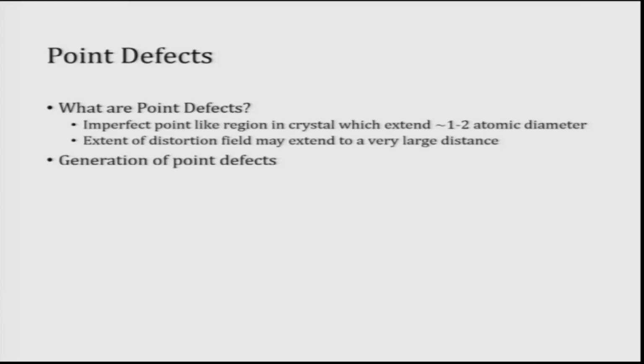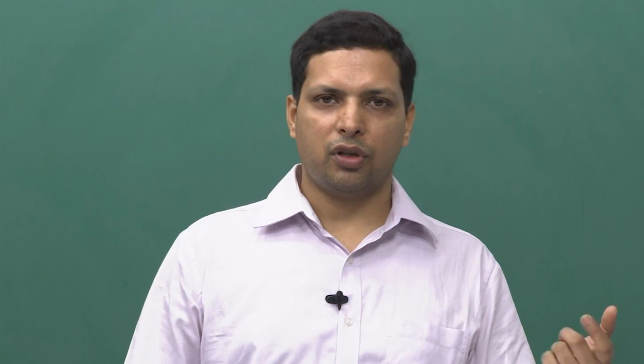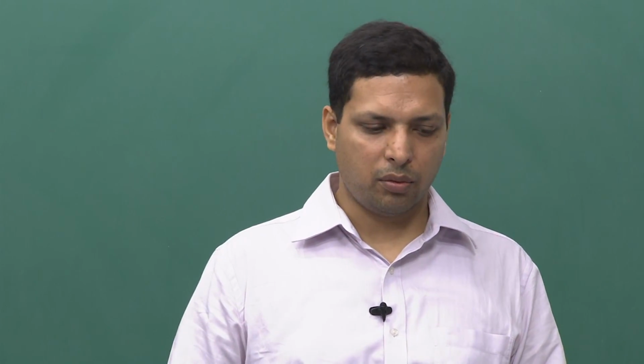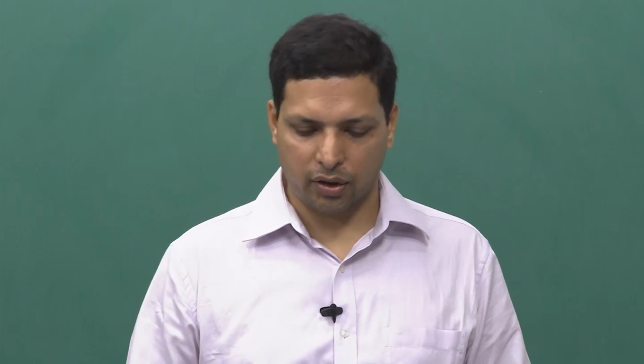Next, we need to understand how these defects are generated. There can be equilibrium processes or non-equilibrium processes. Equilibrium processes are simple, like slow heating. If you start with a material which is already at equilibrium with an equilibrium concentration of point defects, and keep heating it at a very slow rate, then with increase in temperature there will be some generation of point defects which will be at equilibrium with that temperature.